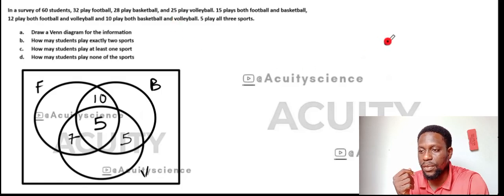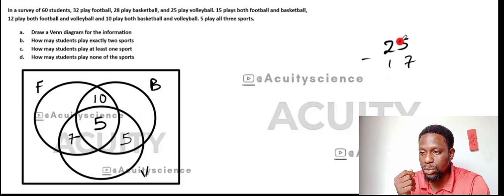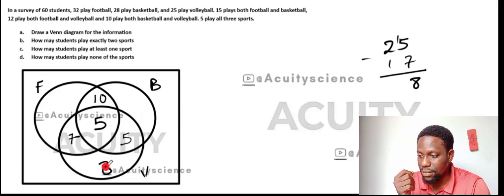So 25 minus 17 is 8. So 8 down here will give us 25.